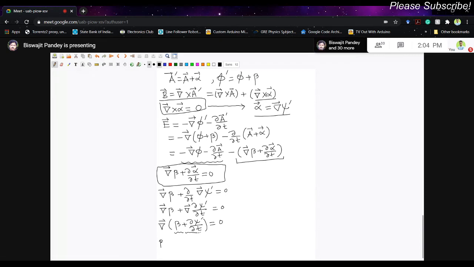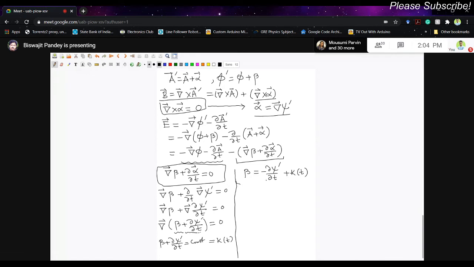So beta plus del psi prime del t is a constant in space, but it could be some function of t. I am writing k of t, just to reduce the number of terms. So beta plus del psi prime del t is some function k of t. Then beta is minus del psi prime del t plus k of t.